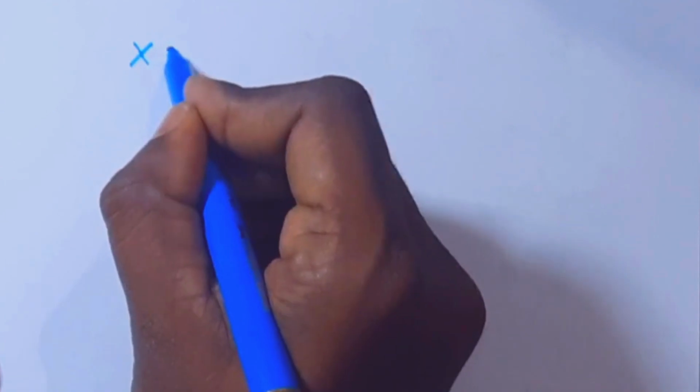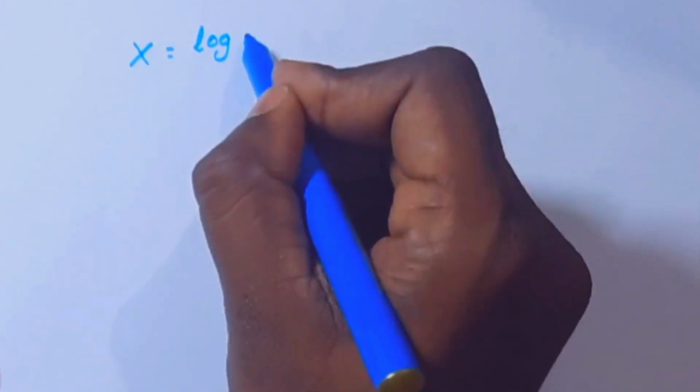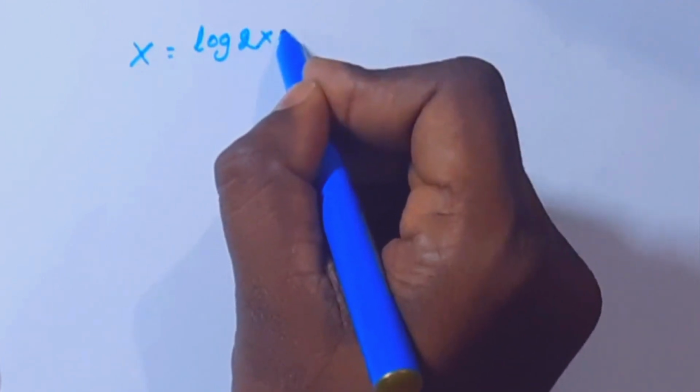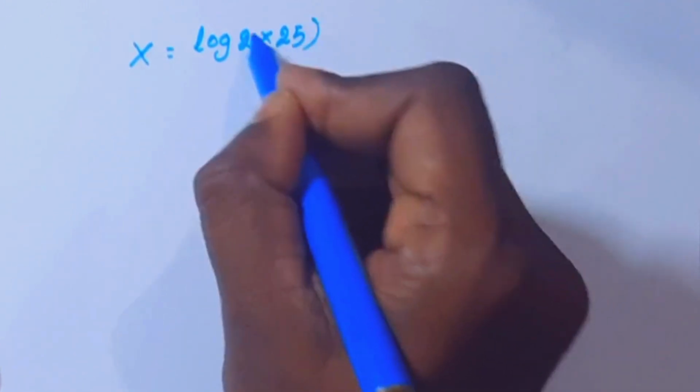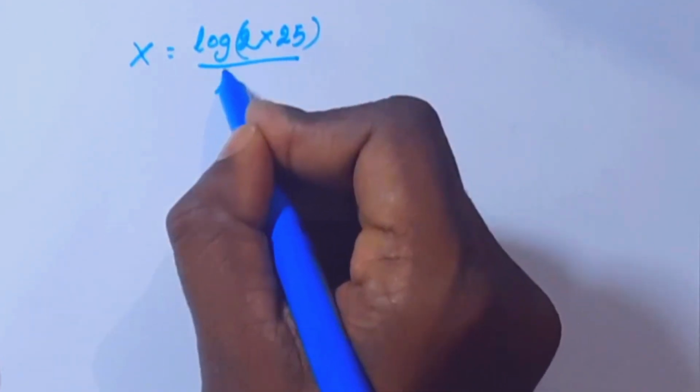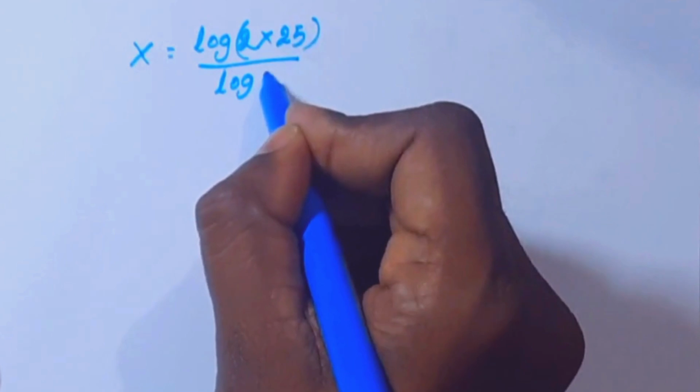x equal to log 50, which can be written as 2 times 25, by log 8.